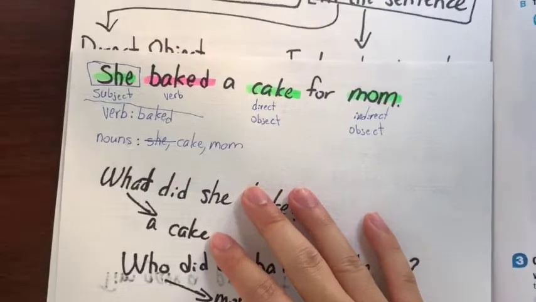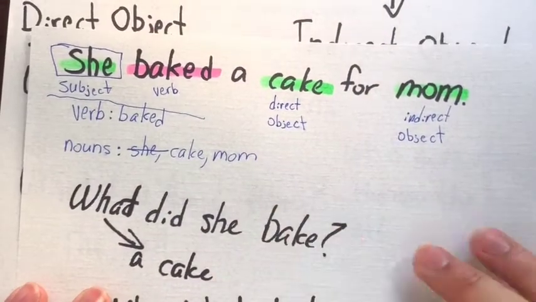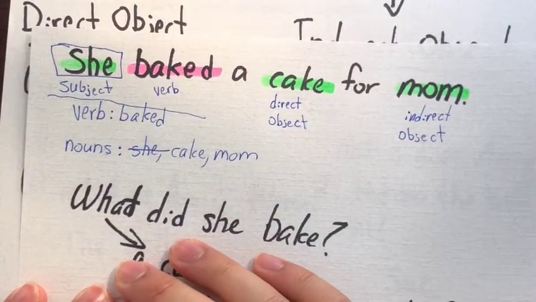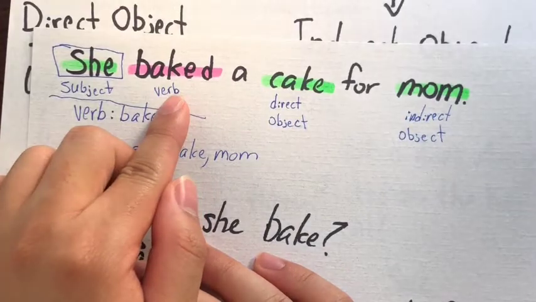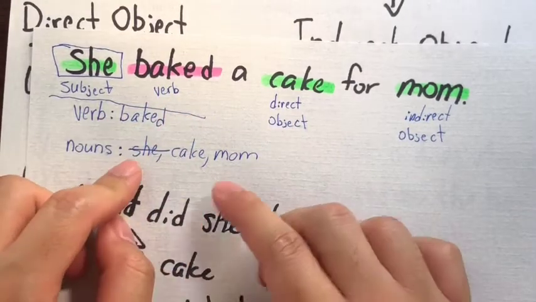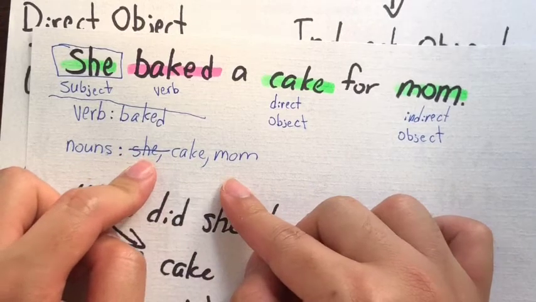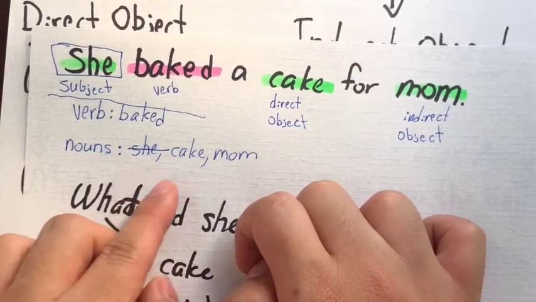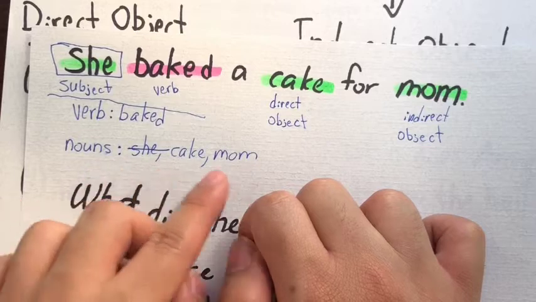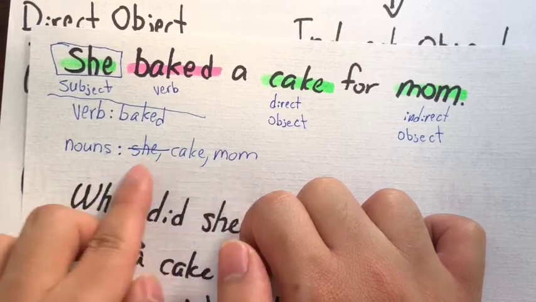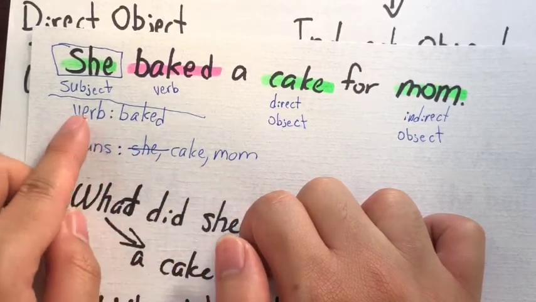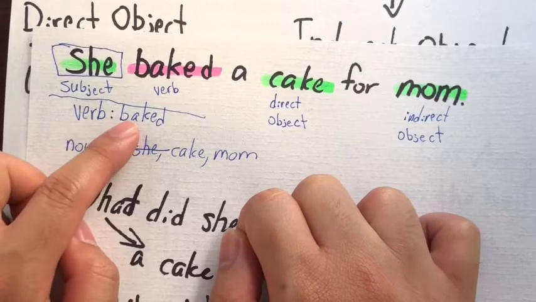So we have the sentence, she baked a cake for mom. The verb is baked, and then we have three nouns, she, cake, and mom. So which noun here is doing the action? Which noun is doing the verb, baked?